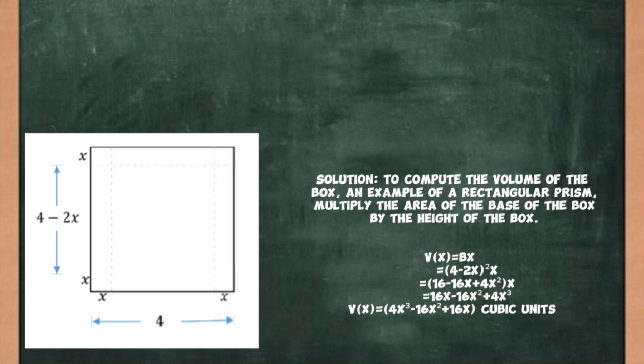So the 16 minus 16x plus 4x squared is multiplied by x. So the result is 16x minus 16x squared plus 4x cubed. So the answer now is V of x equals the quantity 4x cubed minus 16x squared plus 16x cubic units.